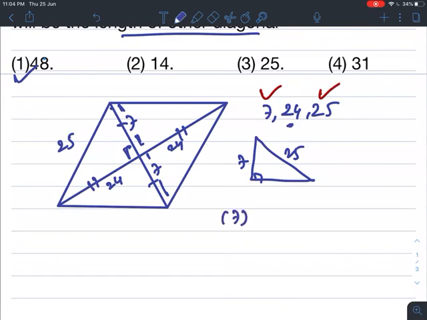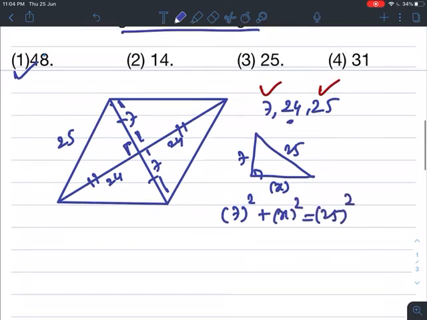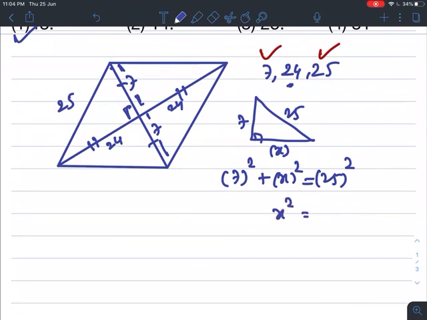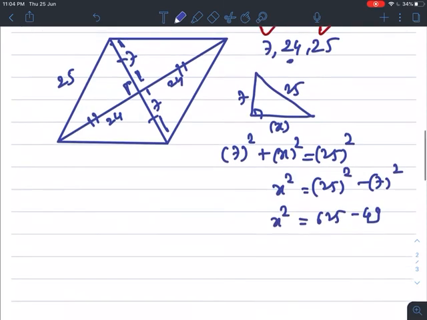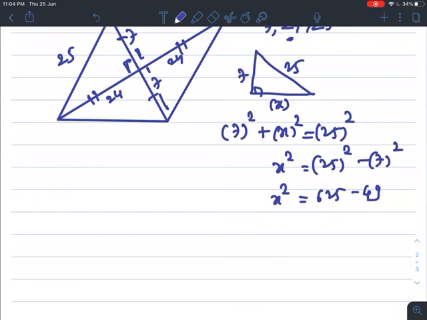So I will find it by Pythagoras, I will show you. x square, this side is x for example, so x square is equal to 25 square minus 7 square, so 625 minus 49. Otherwise you can solve by the x square minus y square method, by factorization, x plus y into x minus y, that method also you can use.